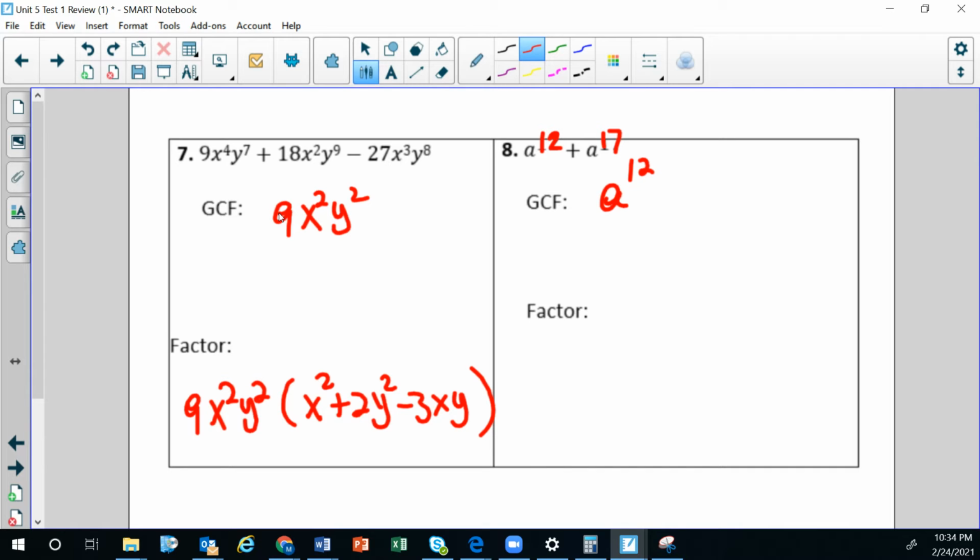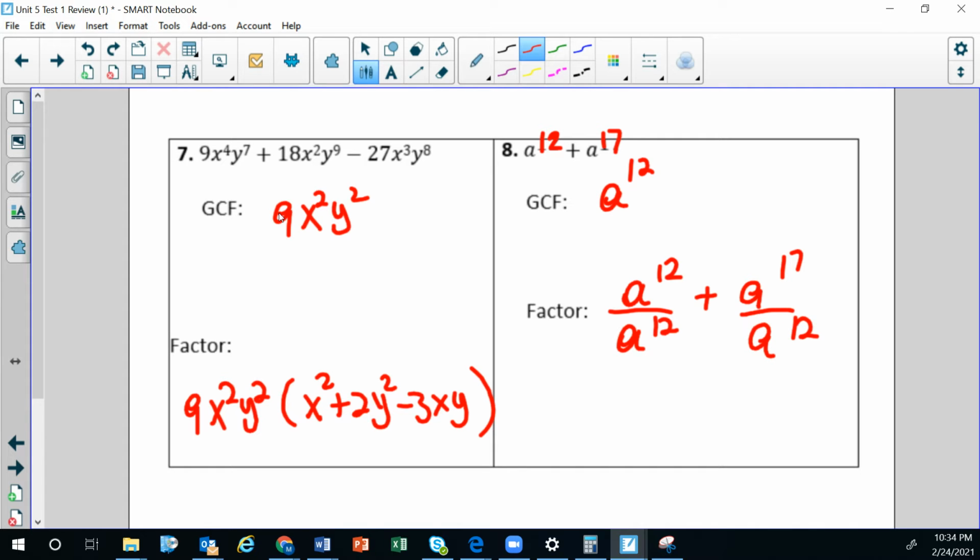And then my factor is, again, pause the video and try this on your own. Okay, come back. My factor is going to be a to the 12 divided by a to the 12. Remember, you divide each term by the factor, and a to the 17 divided by a to the 12.